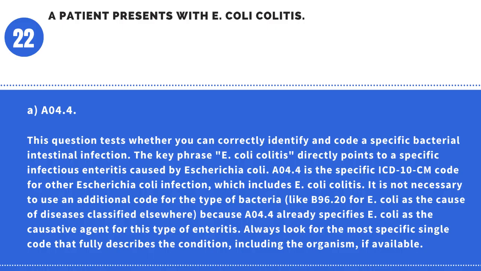It is not necessary to use an additional code for the type of bacteria, like B96.20 for E. coli as the cause of diseases classified elsewhere, because A04.4 already specifies E. coli as the causative agent for this type of enteritis. Always look for the most specific single code that fully describes the condition, including the organism, if available.